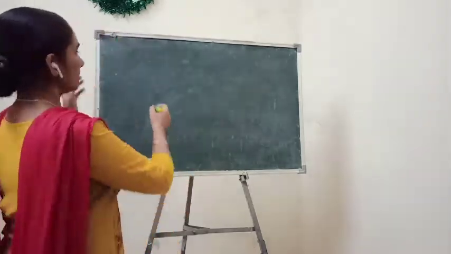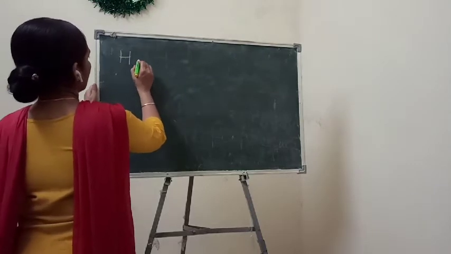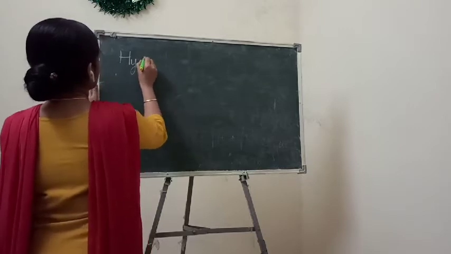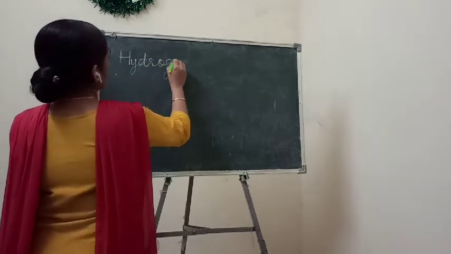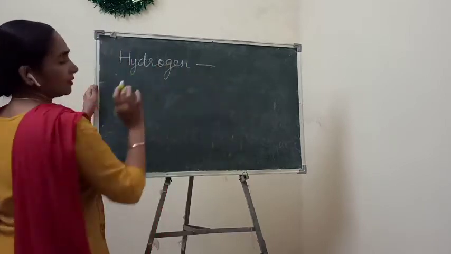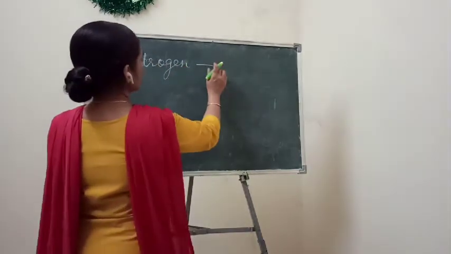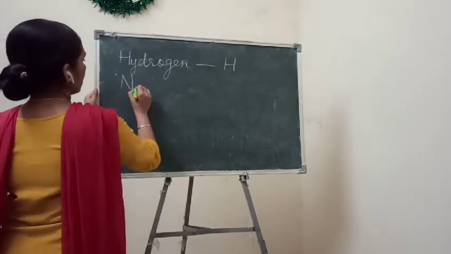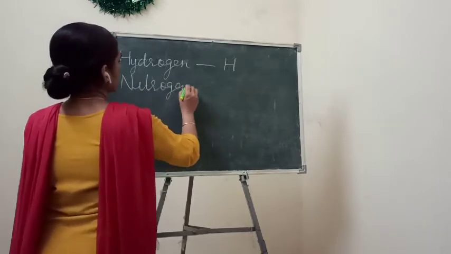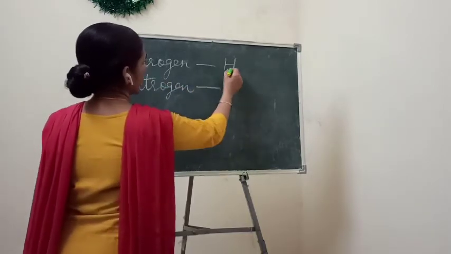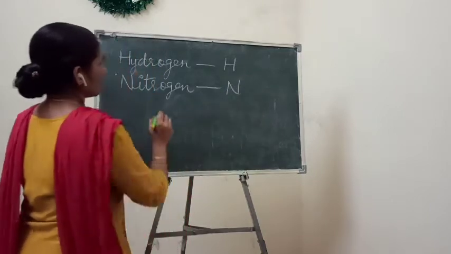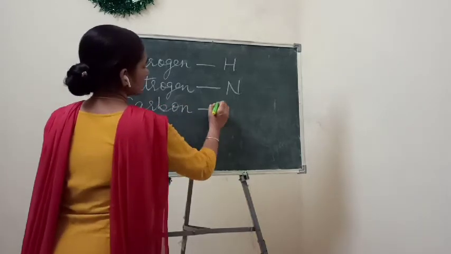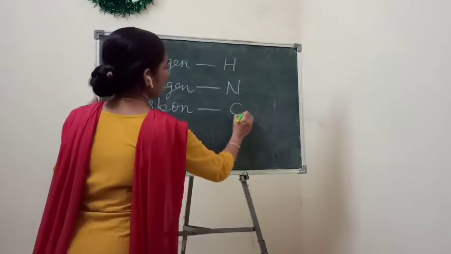Just like, I'll tell you that hydrogen is an element, so hydrogen is denoted by the symbol capital H. In the same way, if we talk about nitrogen, nitrogen is also denoted by its symbol N. In the same way, carbon is also denoted by its symbol capital C.